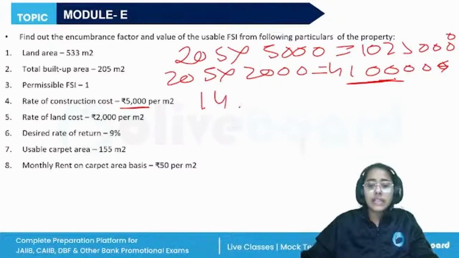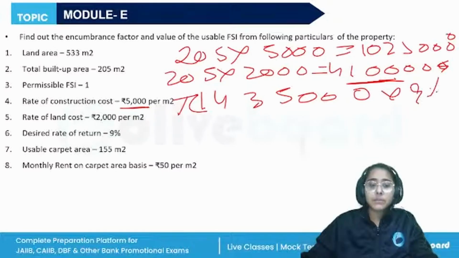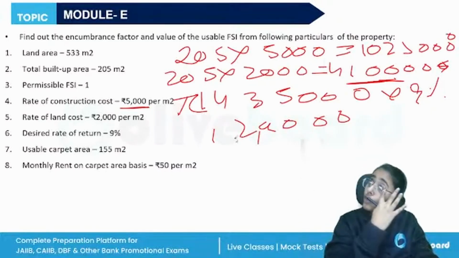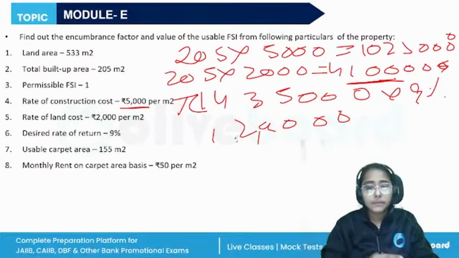So 14 lakh 35,000 will be the total cost, and we will multiply it by 9%, or 0.09, which will be 1,29,000. Just follow these steps, follow these calculations one by one. We are solving each and everything one by one.